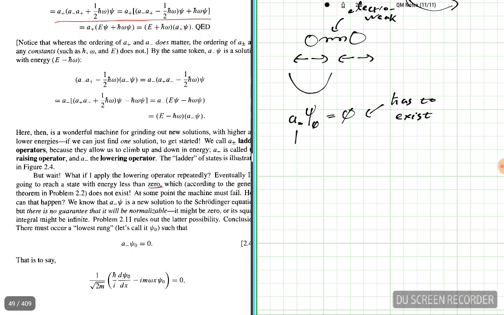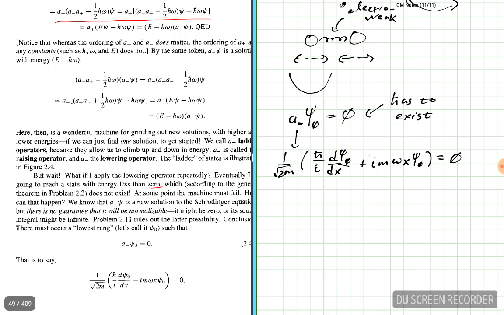So my A minus is 1 over square root 2m, h bar over i d dx acting on psi naught, plus i m omega x acting on psi naught, and that equals 0.